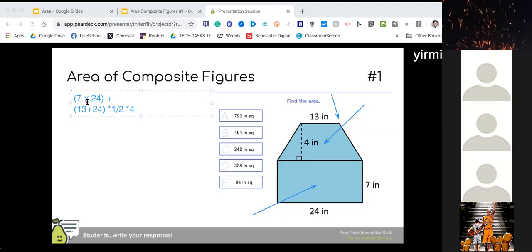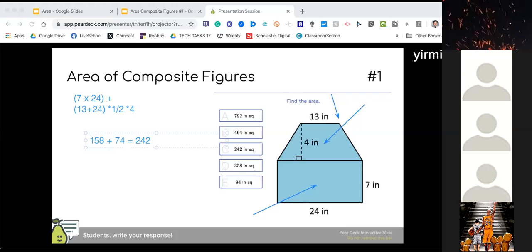Okay, so 24 times 7 is 158. And 158 plus 13 plus 24, which is 37. 37 times 4 is 148. 148 divided by 2 is 74. And 74 plus 168 is 242 square inches, right?